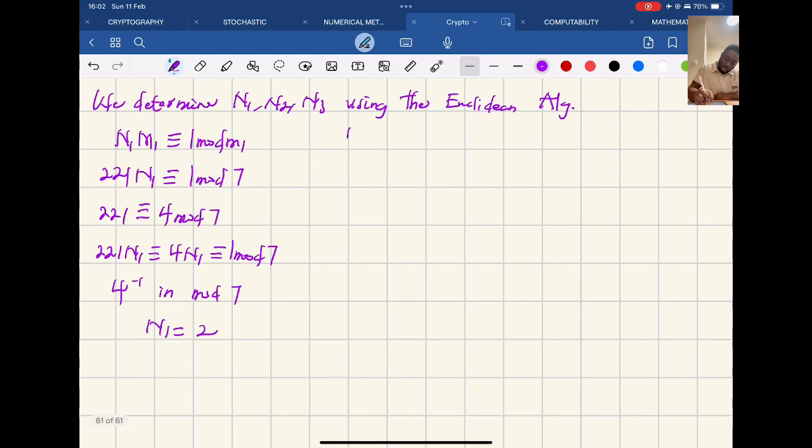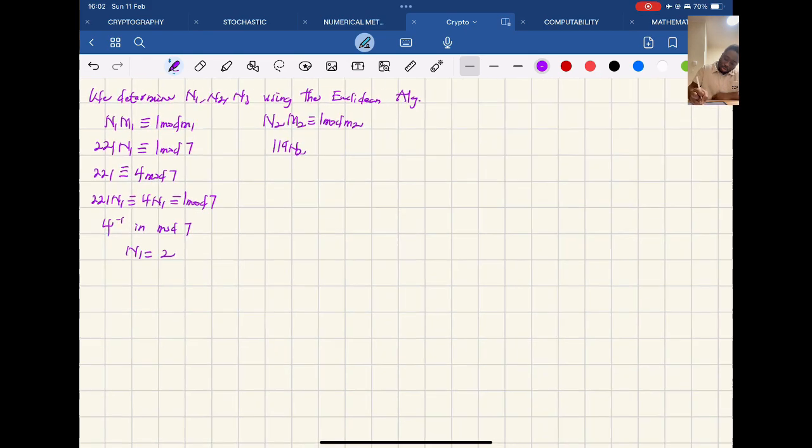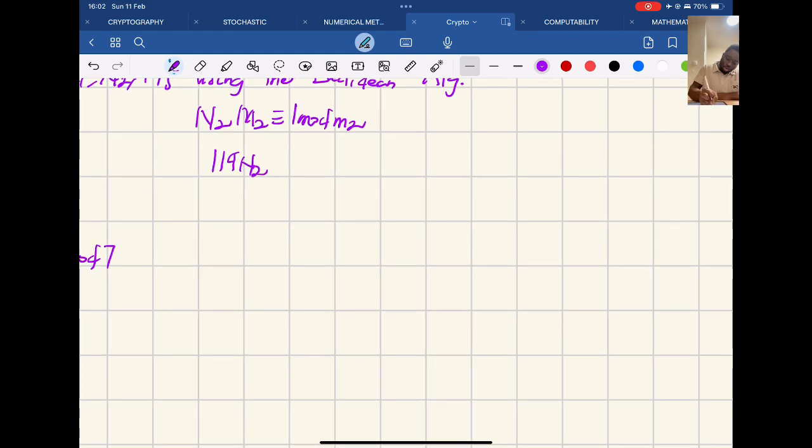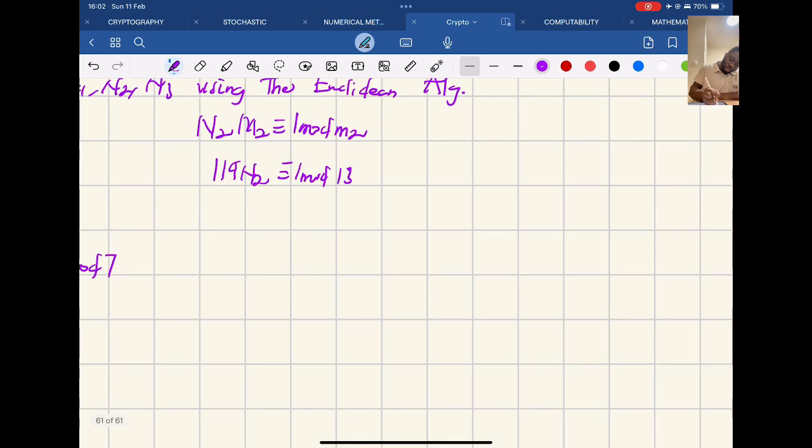Now let's find our n2. So n2 times big M2 will also be congruent to 1 mod small m2. We see that big M2 is 119, so 119 n2 is congruent to 1 mod small m2, which is 13. So we write 119 in terms of mod 13, and that is 2 mod 13.